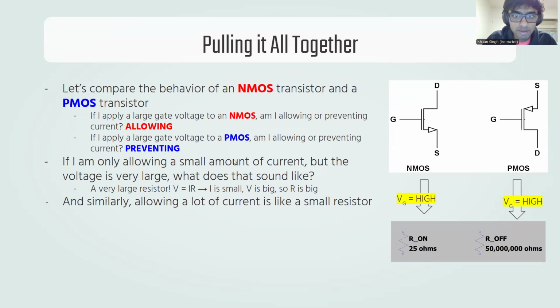And in the same way, something that allows a lot of current for a given voltage is like a small resistor, okay? And so if when the gate voltage is high, we're allowing a lot of current for a given VDS, we can just model that as a small resistor. And for a PMOS, if the gate voltage is high, the gate is basically closed, we're allowing only a tiny bit of current, we can just model that as a really big resistor.